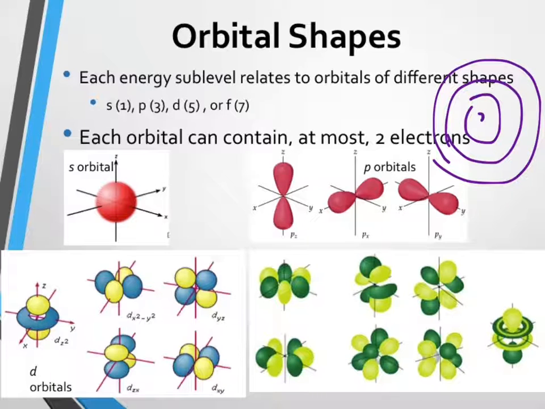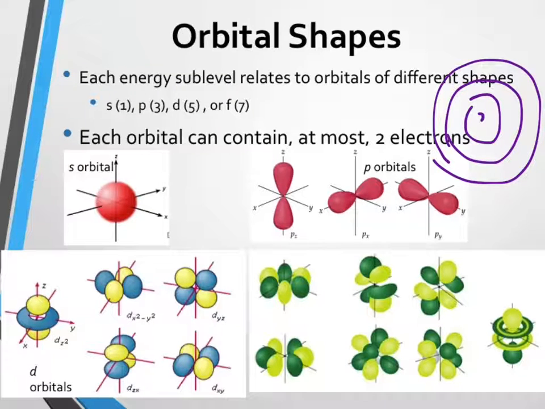The smallest sublevel is S, or orbital. And S is sphere. That's the shape of it. All these orbitals take on shapes. The S orbital is a sphere.